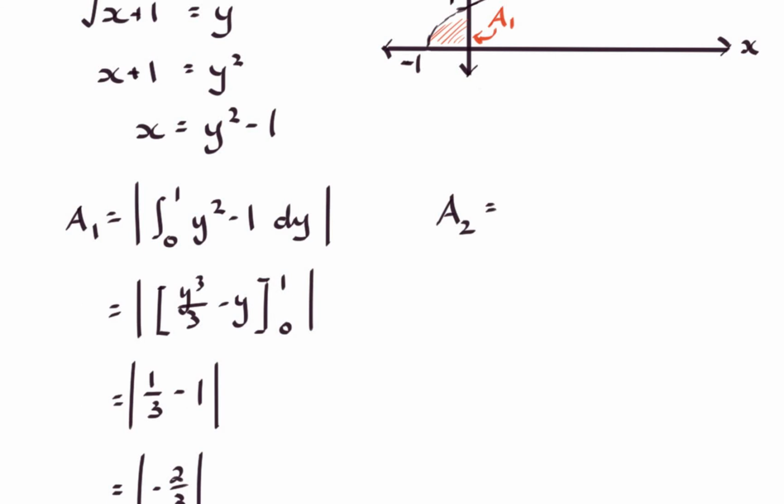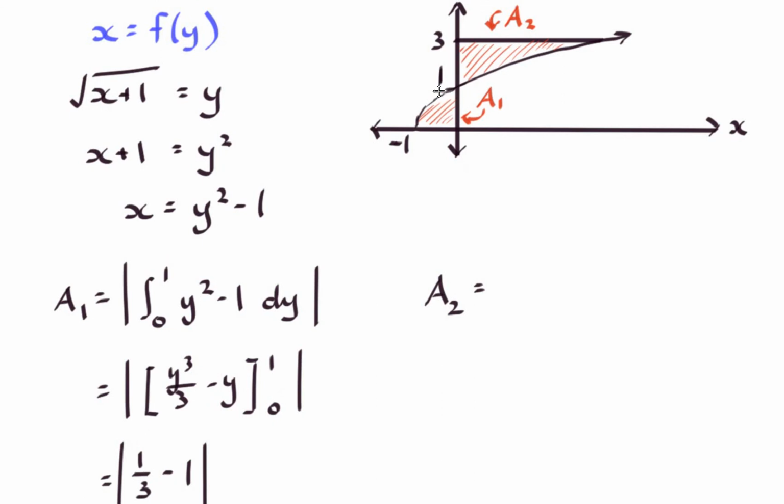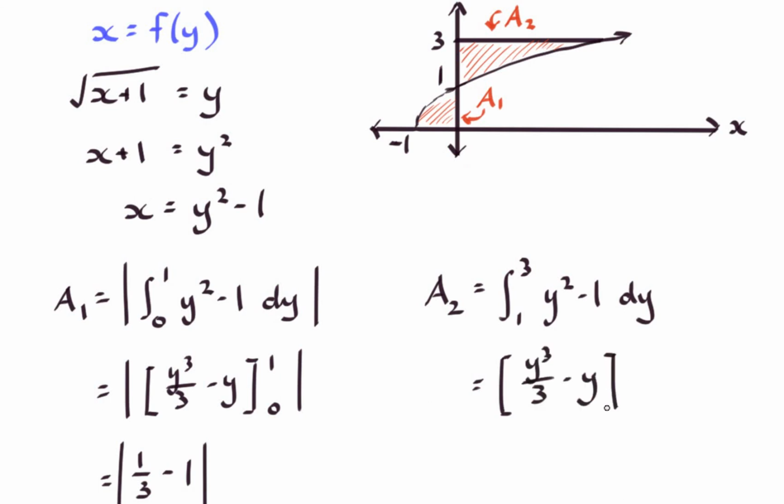Now area 2, it's the same function, but our limits are between y equals 1 and y equals 3. Now this one we don't have to worry about the absolute value signs because we know our answer will be positive. Applying the same integration as before, which is nice. Let's see what we get. So 3 cubed on 3 minus 3. That's the first bit.